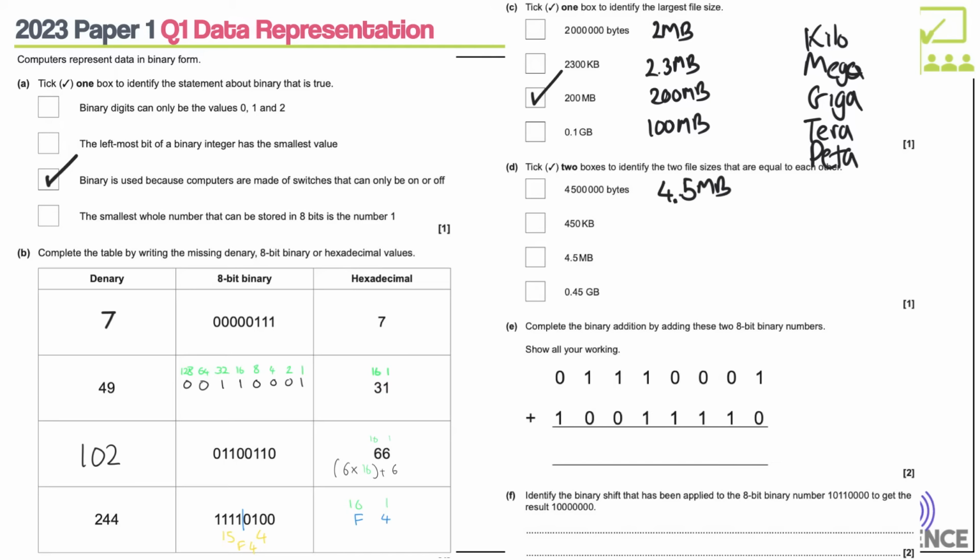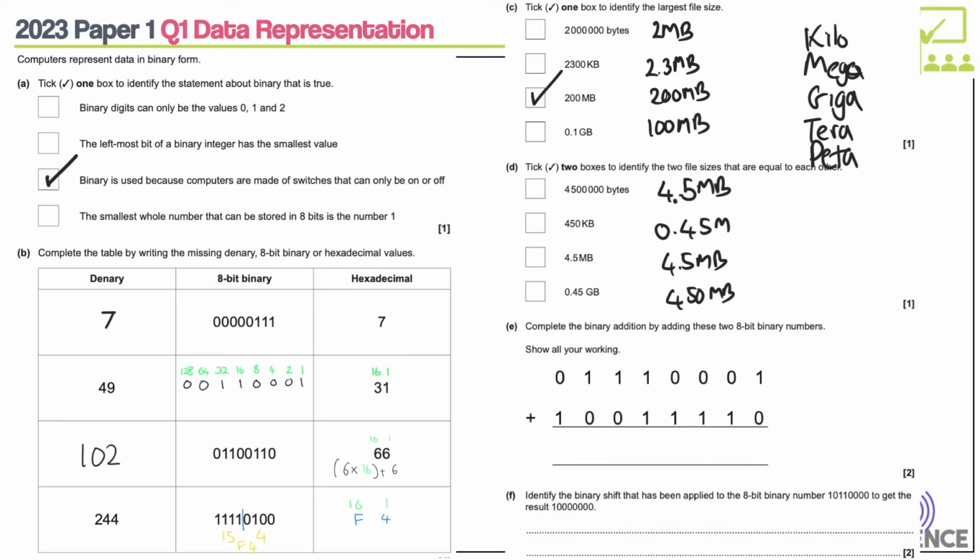What would 1,000 kilobytes be? So 450 kilobytes would be 0.45 megabytes. Then we have 4.5 megabytes, so that's a tie. And then finally, 0.45 gigabytes in megabytes would be 450.